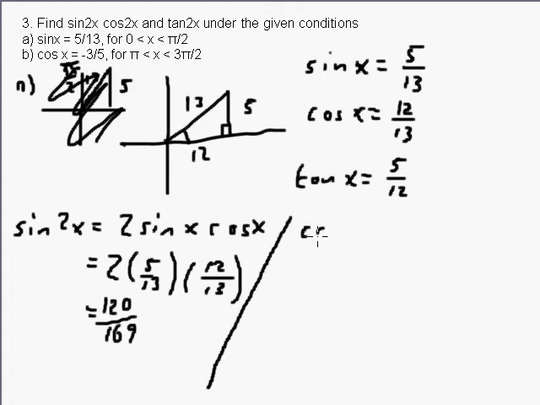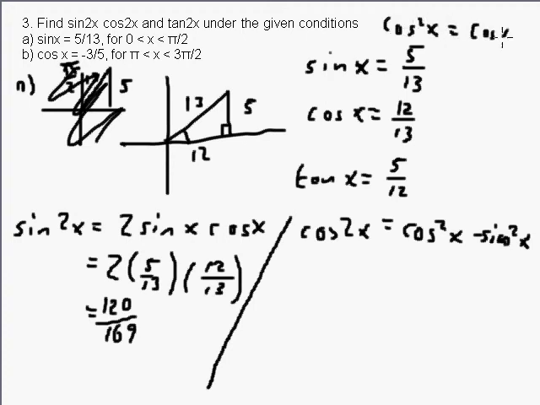Okay, exact same thing, but now I'm going for cos 2x, which is equal to cos squared x minus sine squared x, I believe. Remember that cos squared x is the same thing as cos x all squared.